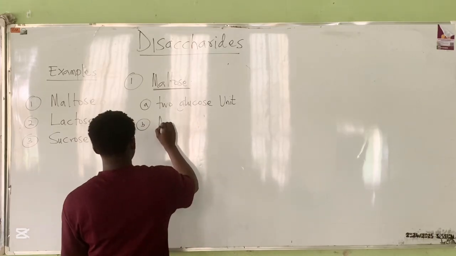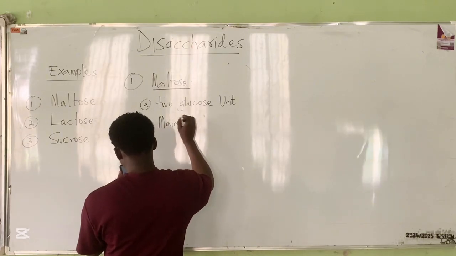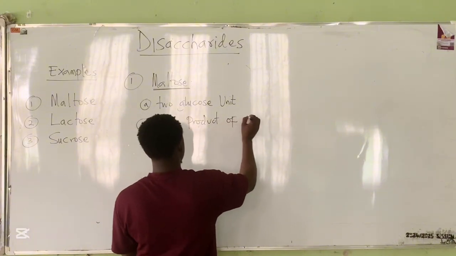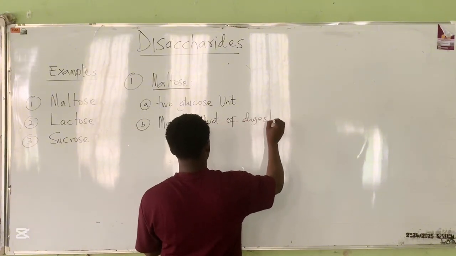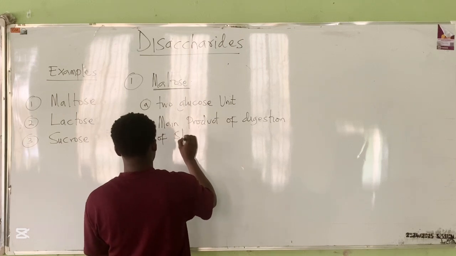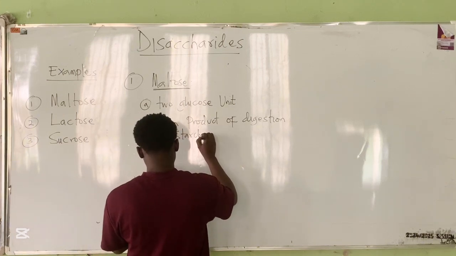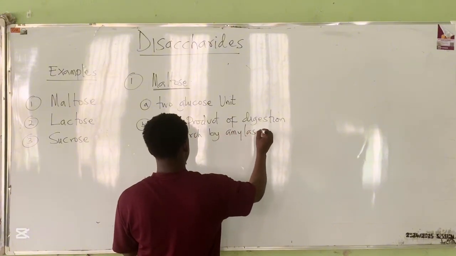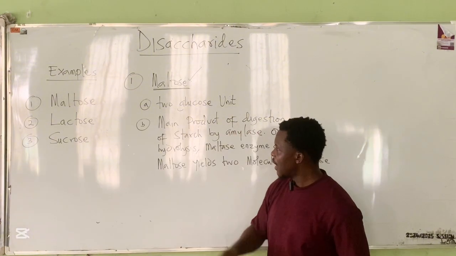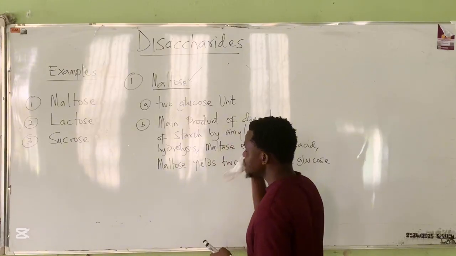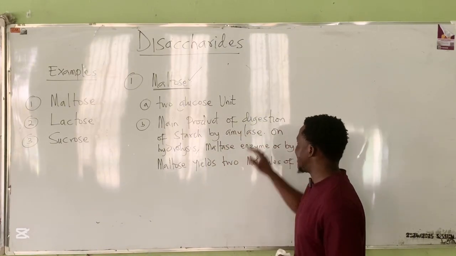Maltose is the main product of digestion of starch by amylase. Now, maltose is comprised of two glucose units and it is the main product of digestion of starch.